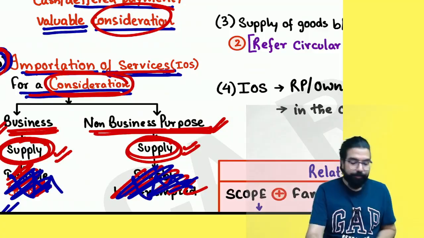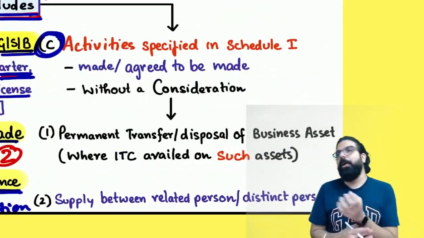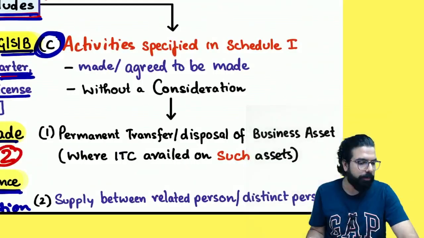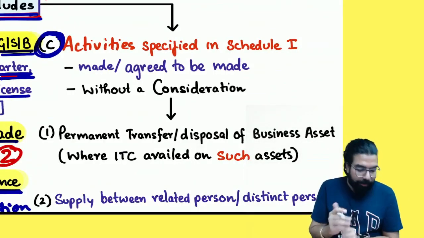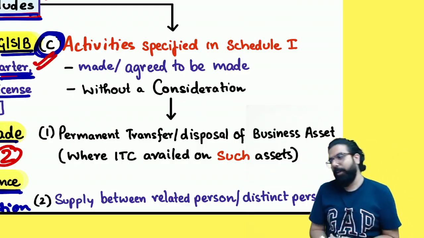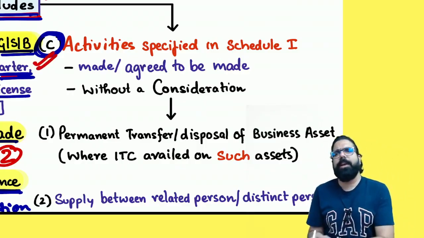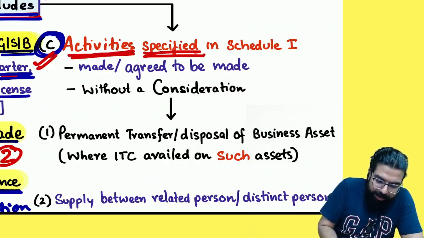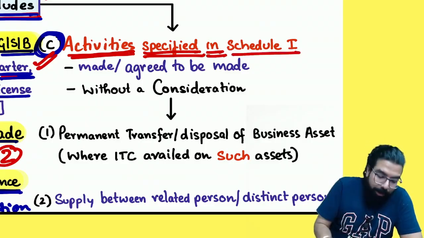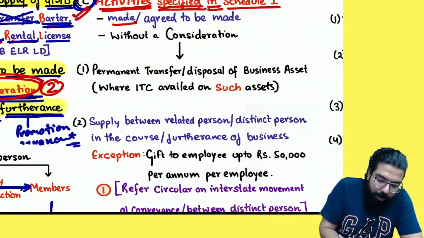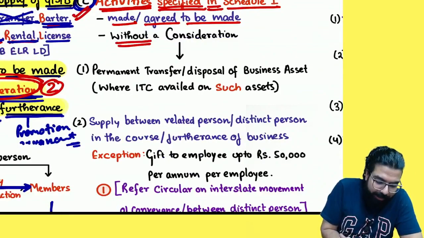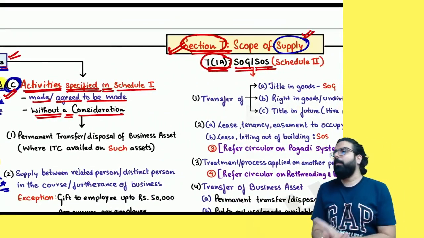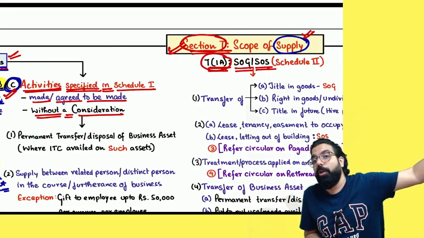Chalo, everyone here now. Section number 71C. What is section number 71C telling? It says activities specified in Schedule 1, made or agreed to be made without consideration, will also be considered as supply.